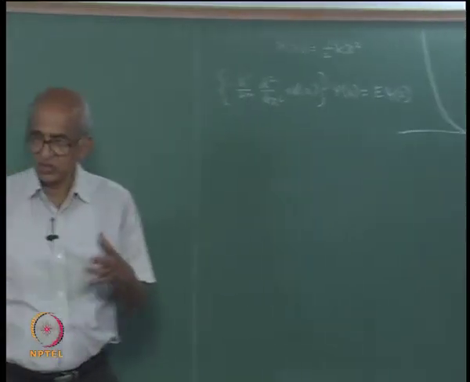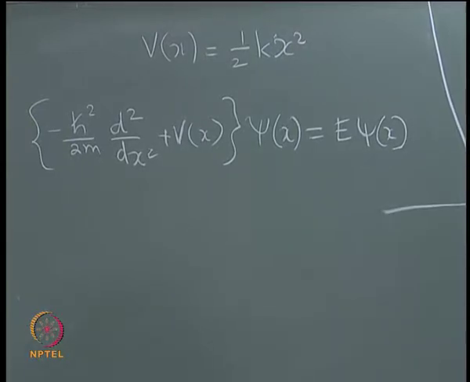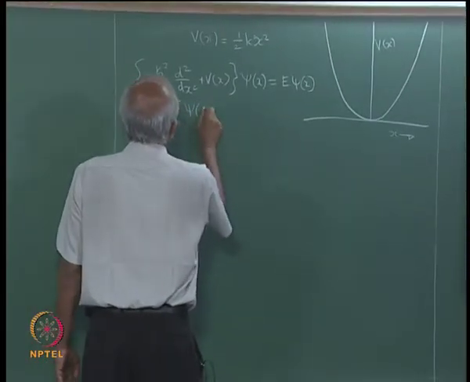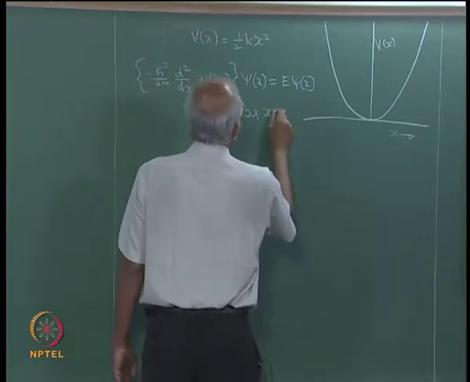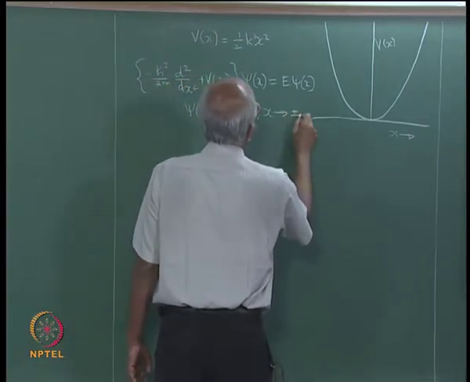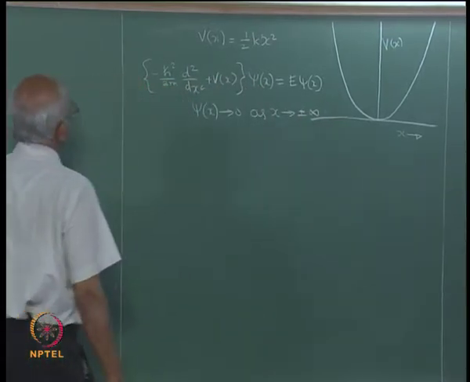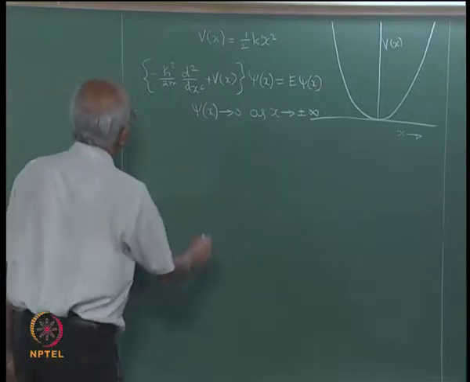And we want to solve this equation subject to the condition that as x tends to either plus infinity or minus infinity, the wave function should approach 0. And the first thing that we did was we made a change of variable.